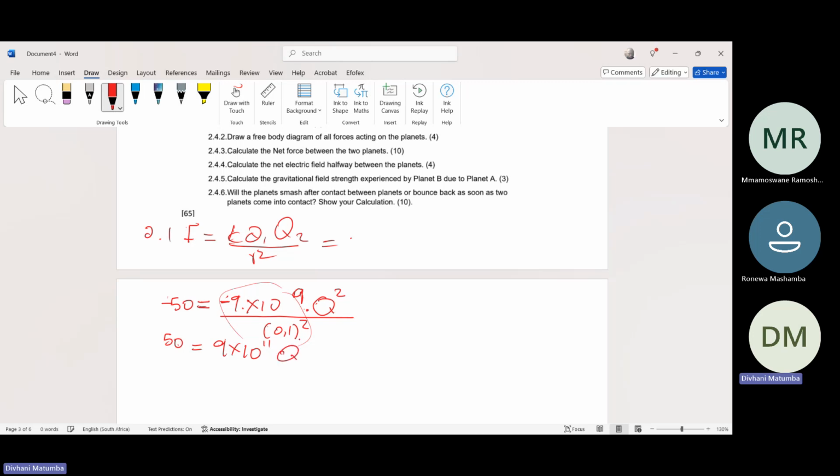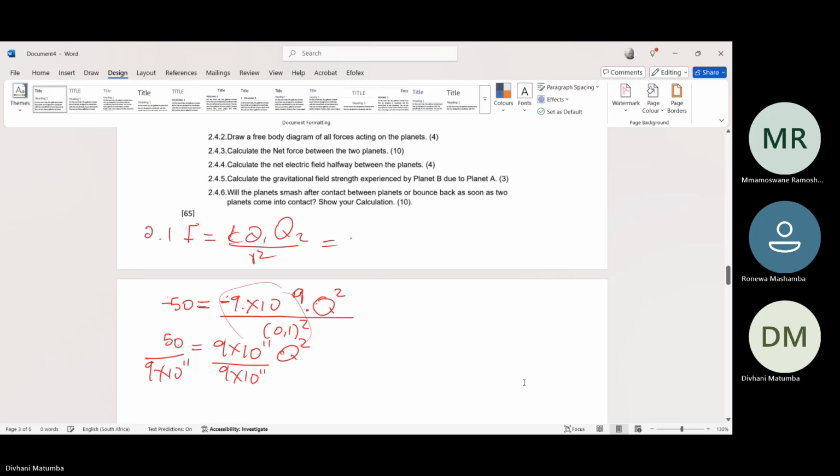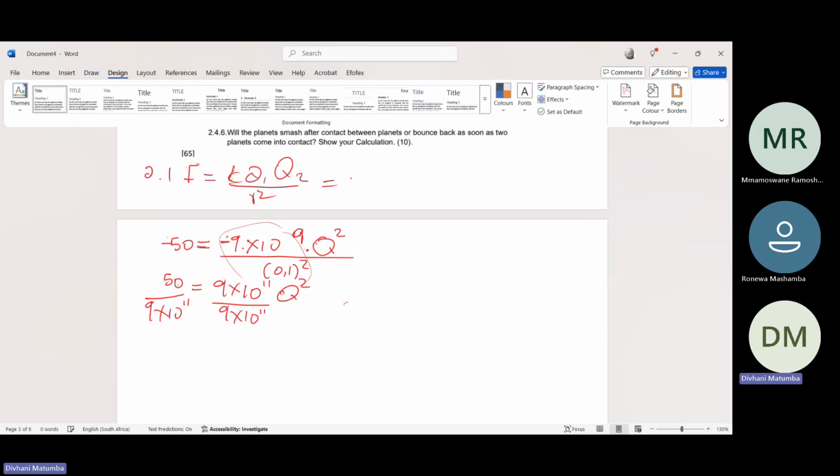Okay, Q2. Then if you divide both sides by 9 times 10 to the power of 11, Q2 equals 50 divided by 9 times 10 to the power of 11, which will give us 5.556 times 10 to the power of minus 11 is equal to Q2.